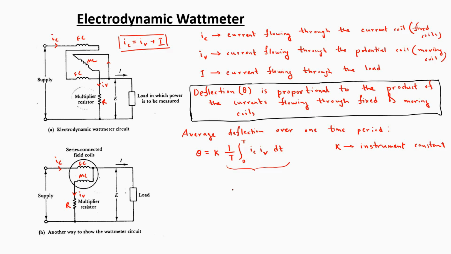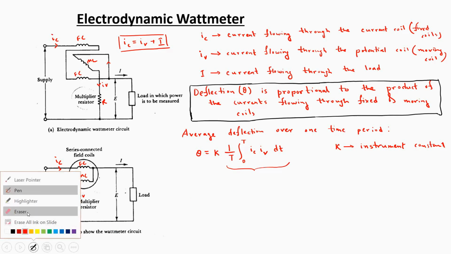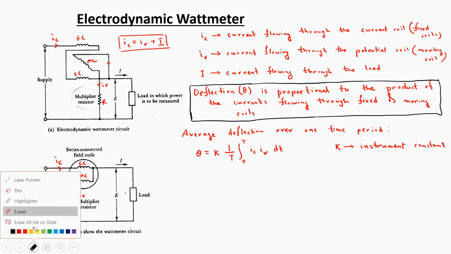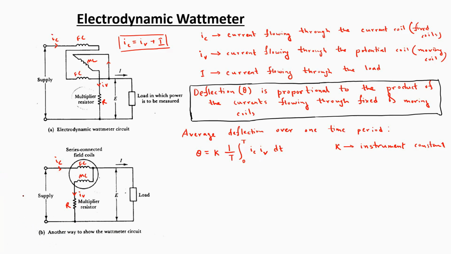So if we further elaborate this integral portion and proceed along with the integration, first of all we can rewrite it as K into 1 by T integration from 0 to T, and instead of IC, IC is equal to IV plus I. We can consider that IV is negligible because IV is very small compared to I, the current flowing through the load.